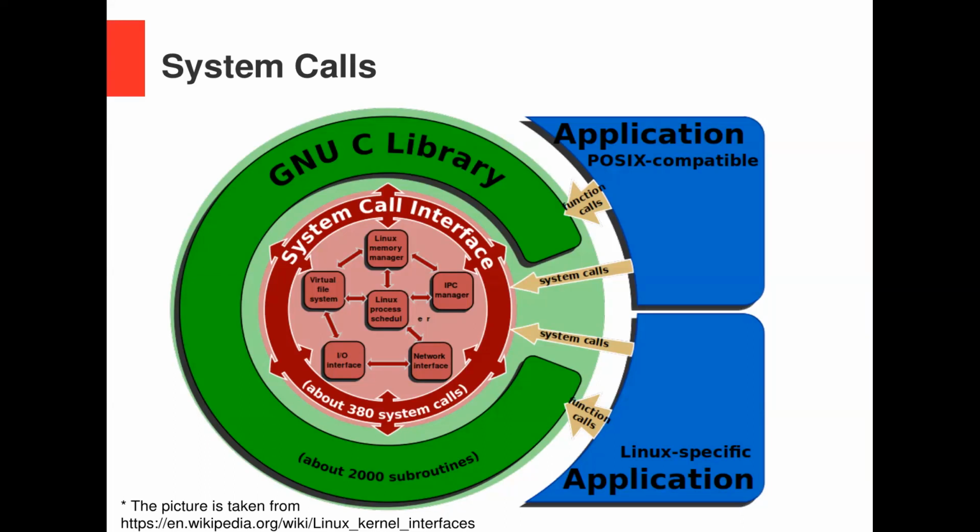Similarly, if it's some application that is not POSIX compatible, maybe a Linux application, it also has its own Linux API. There are some function calls that are supported by the C library. But the C library is an intermediate layer between the application and the operating system.